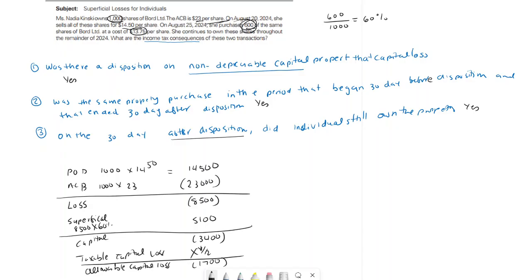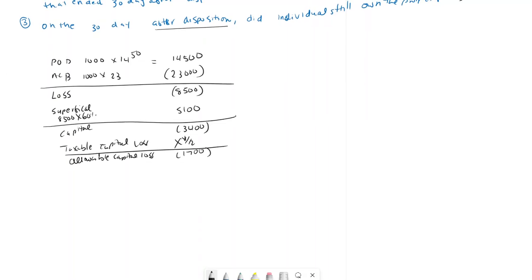Now when you think of it, what is the ACB of the 600 shares that we still have? So when you talk about that, we have a cost, which will be your 600 multiplied by the 13.75.